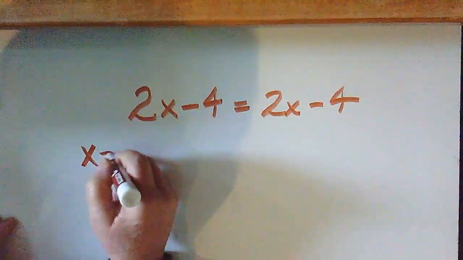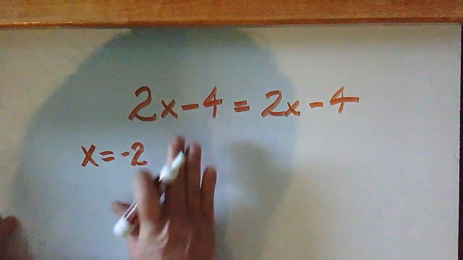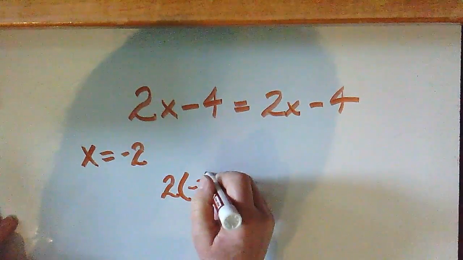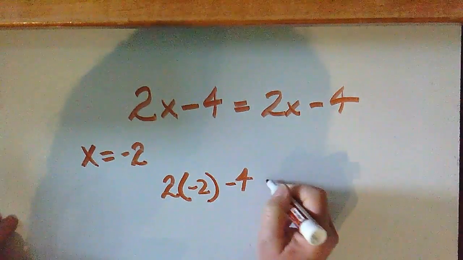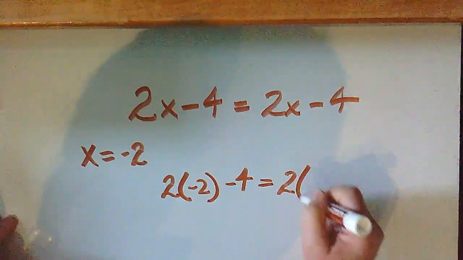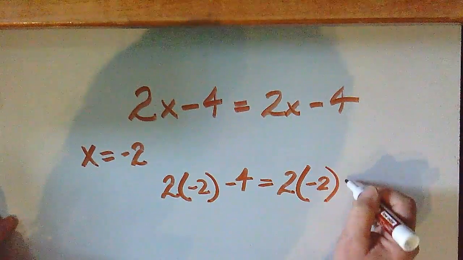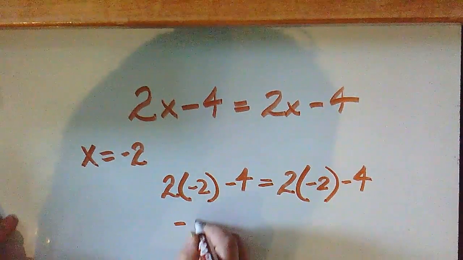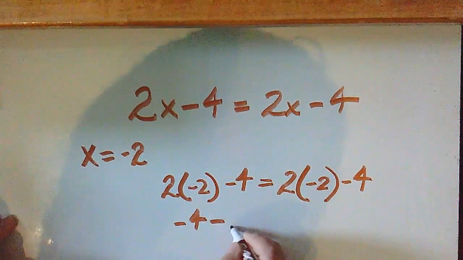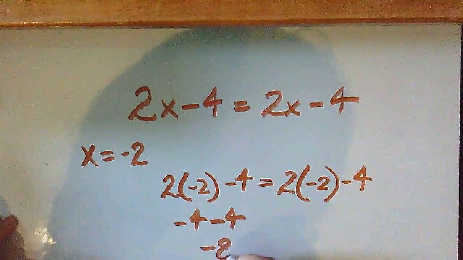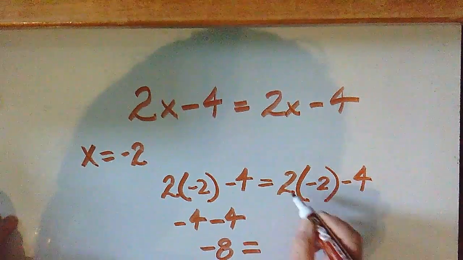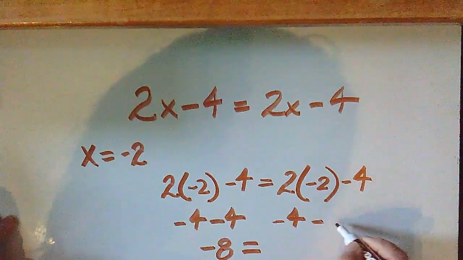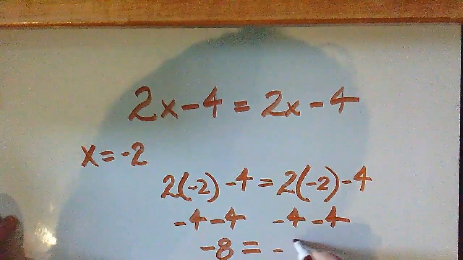Let's say x equals negative 2. All right, so that gives me 2 times negative 2 minus 4 equals 2 times negative 2 minus 4. 2 times negative 2 is negative 4. Minus 4 is negative 8. Equals 2 times negative 2 is negative 4. Minus another 4 is negative 8.